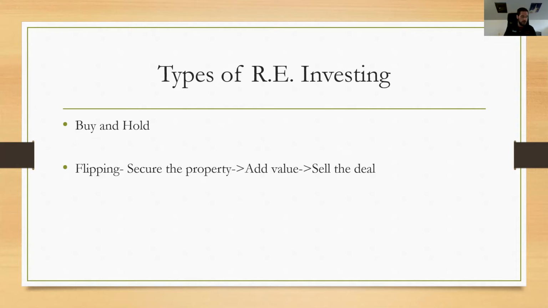Remember back in grade school, we had the primary colors, and then there were the secondary colors when you mix the two. If you mixed yellow and blue, you got green, or yellow and red, you got purple. So the primary colors of real estate investing would be buy and hold.